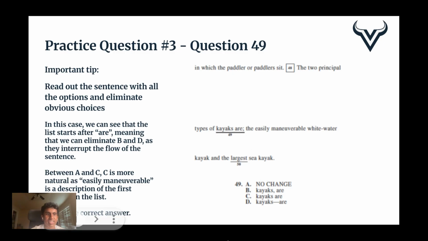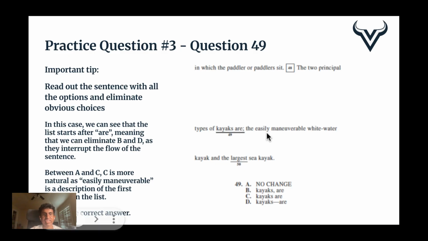In this case, we can see that the list starts after R, meaning that we can eliminate B and D because both of those don't signify a starting of a list and they just interrupt the flow of the sentence. So between A and C, C is more natural as easily maneuverable is a description of the first element of the list. There's no need for a colon in this case because it's not a long list, it's just a list of two.